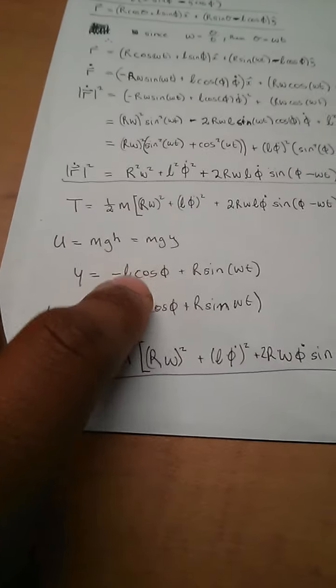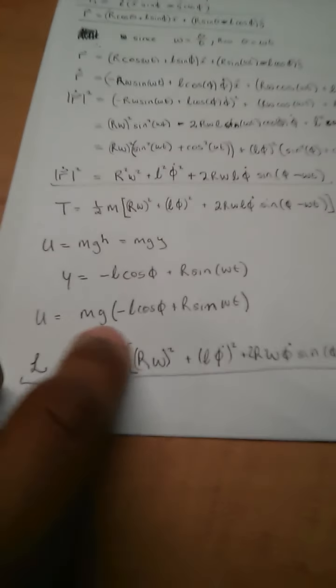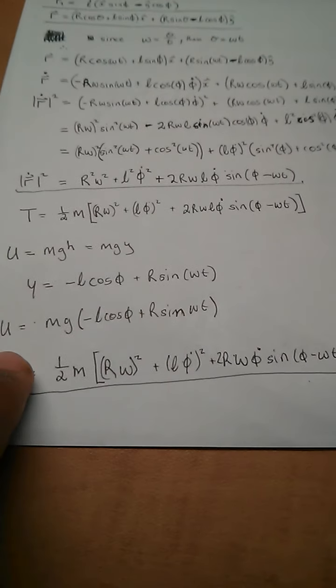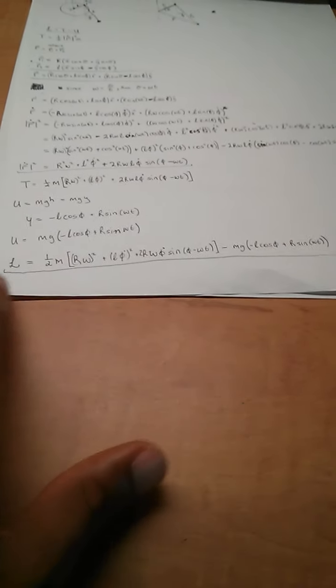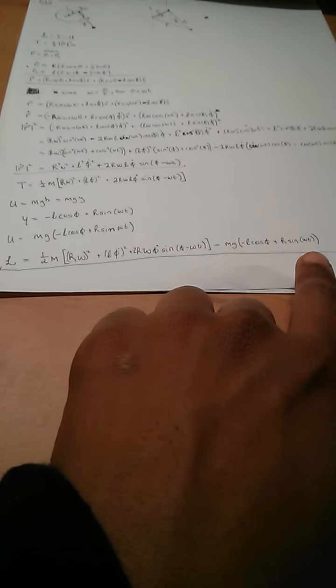And then you can rewrite this equation as the potential energy. Now the addition of those two equations gives me the Lagrangian as that.